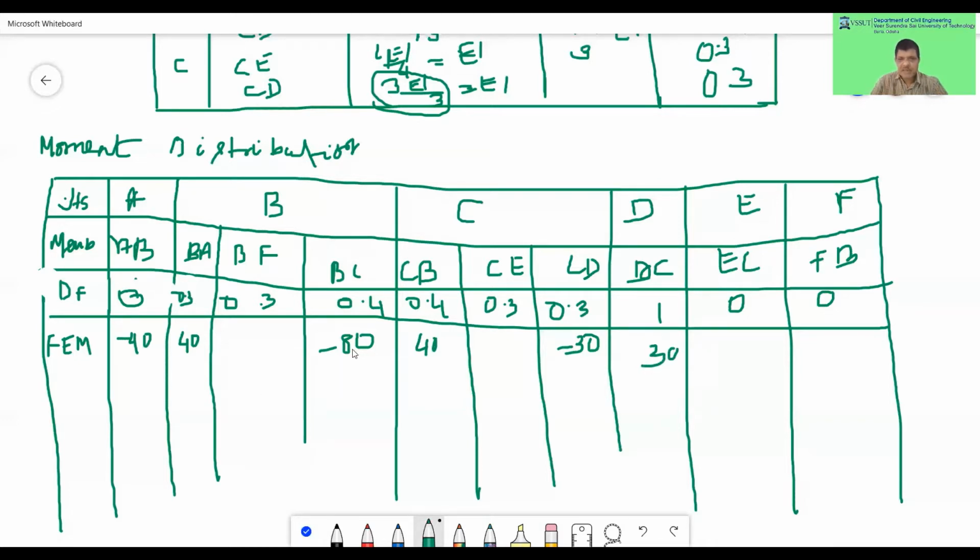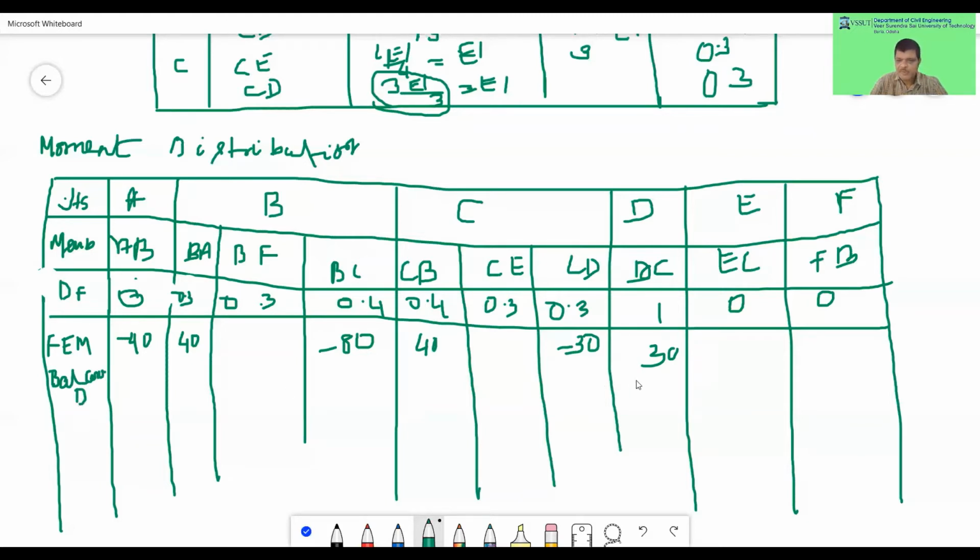Now what you see here is that joint D is simply supported, so the moment must be equal to 0. So first you have to balance joint D. For this problem, you have to first balance joint D.